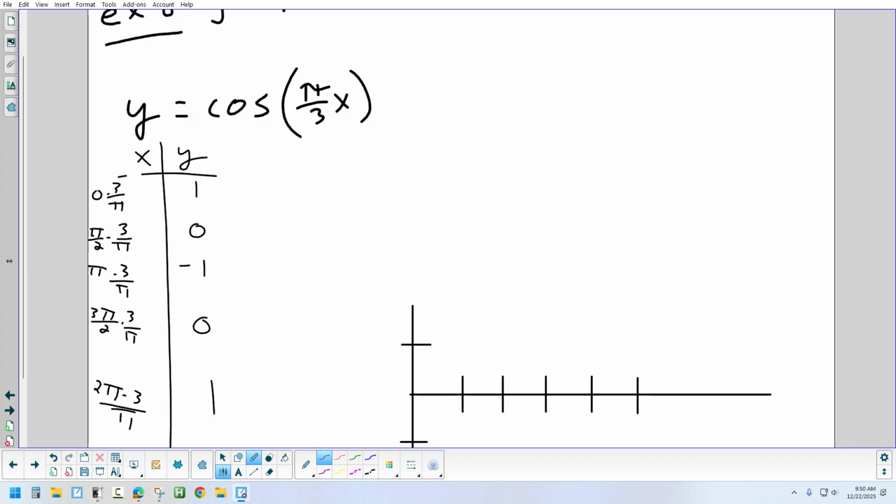So the first one we get 0. What do we get for the next one? 3 halves, or 1.5. I'm just going to do that because I have to graph it. The next one, 3. Next one, 9 halves, which as a decimal would be?